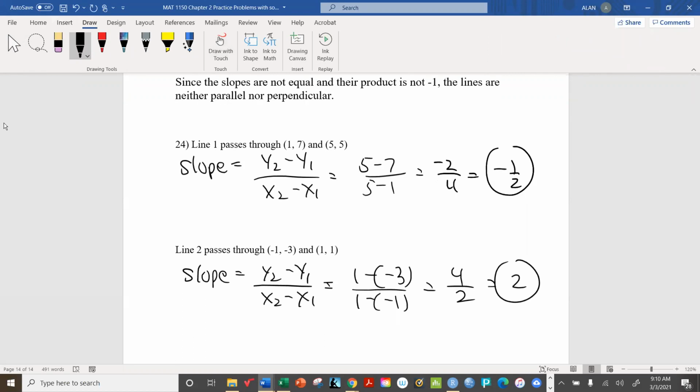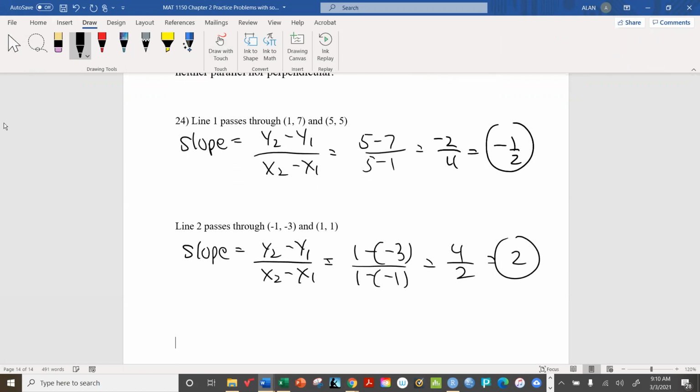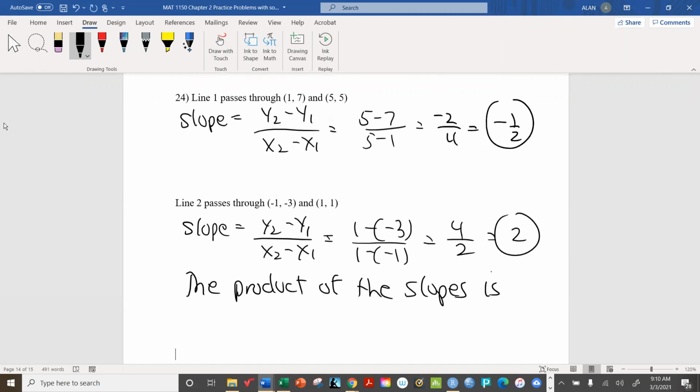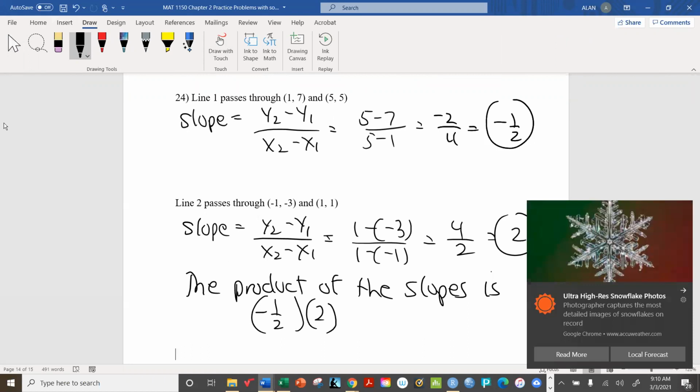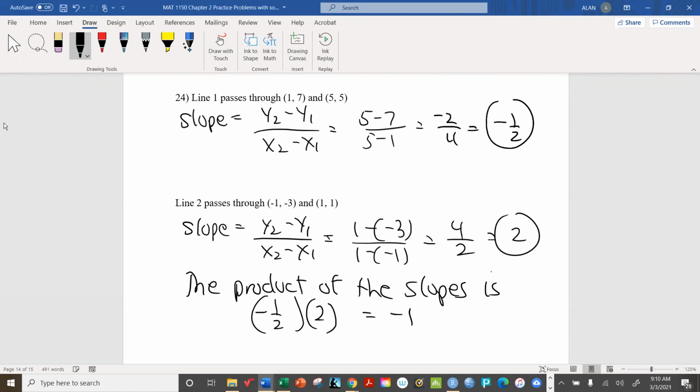So therefore, now you see what happened here. The product of the slopes is what we were looking for. It is negative 1/2 times 2, which is -1. There you go. Look, we found what we were looking for.